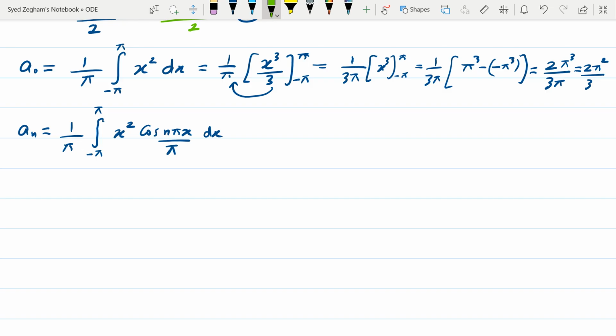You can see that this pi will get cancelled with this pi. So we actually have x square cosine nx.